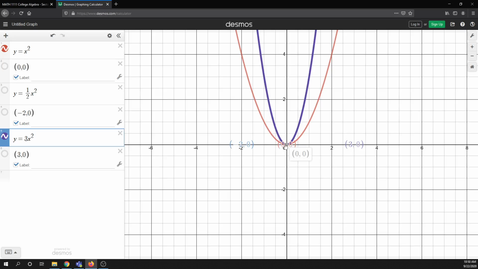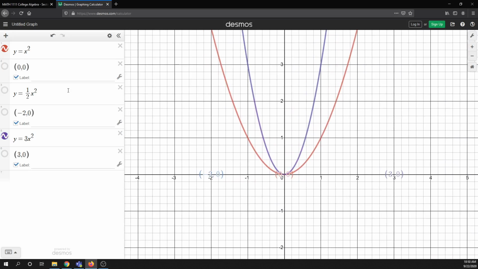0, 0 is not a good point to demonstrate this with, so let's do 1, 1. All right, 1, 1 is a point on the graph up here. I'm going to go ahead and turn the blue one on. If this point is on the original graph, to figure out where that point would go on the transformed graph, we multiply the y value by 1/2.